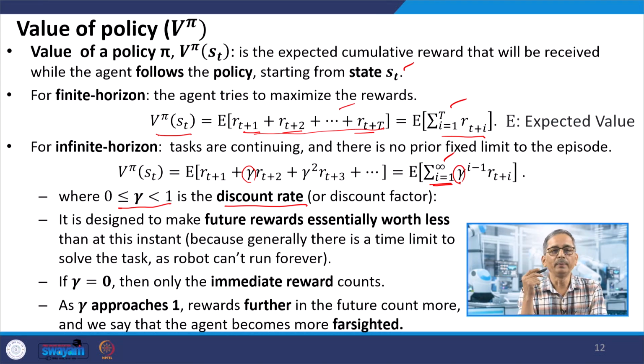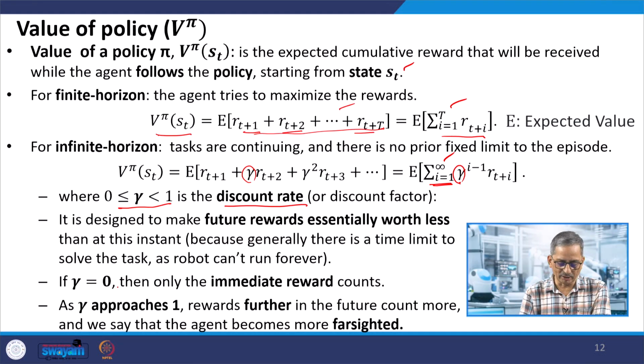It is designed to make future rewards worth less than rewards at this instant. Why so? Because generally there is a time limit to solve the given task. For example, in the case of a mobile robot, I cannot ask the mobile robot to run forever.